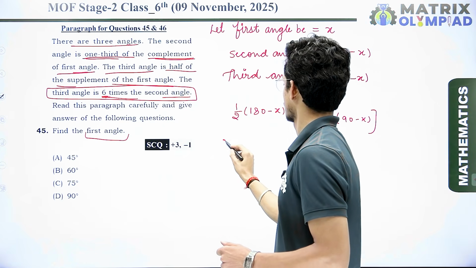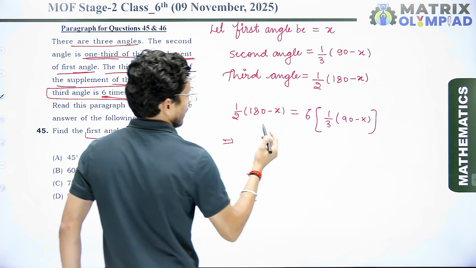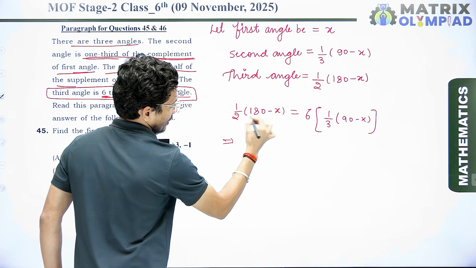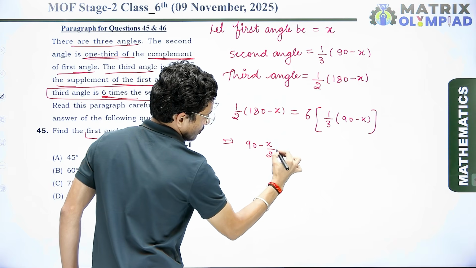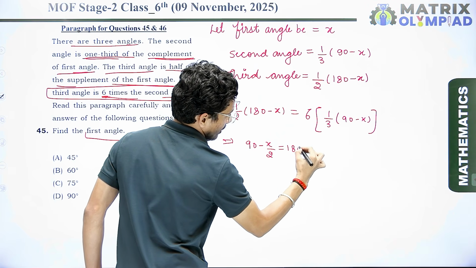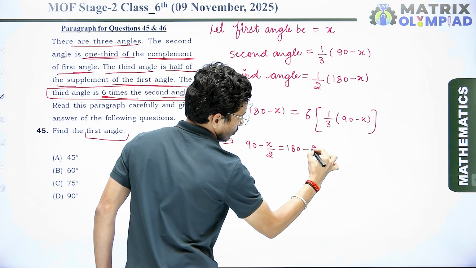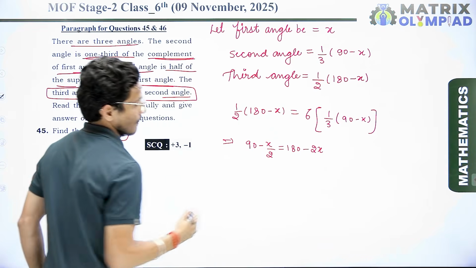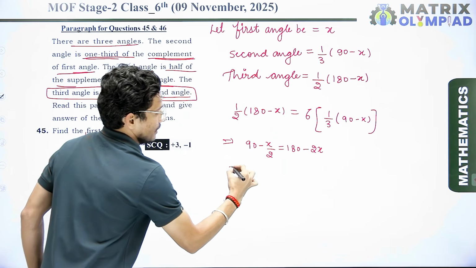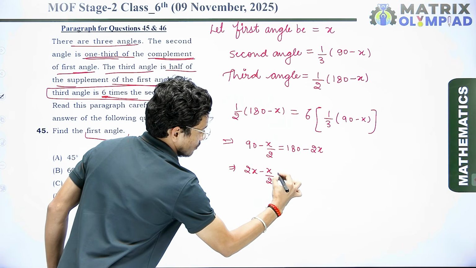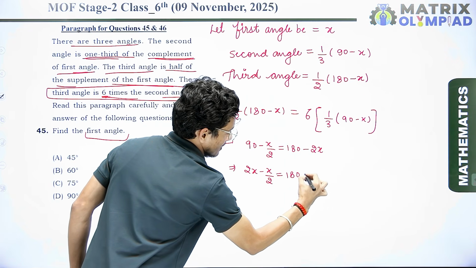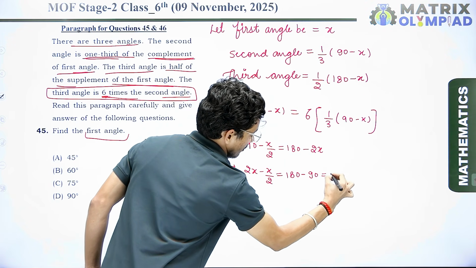When we simplify it, I can write 180 divided by 2, that is 90, minus x upon 2 is equal to 180 minus 2x. So I can write 2x minus x upon 2 is equal to 180 minus 90, which is 90 degree.